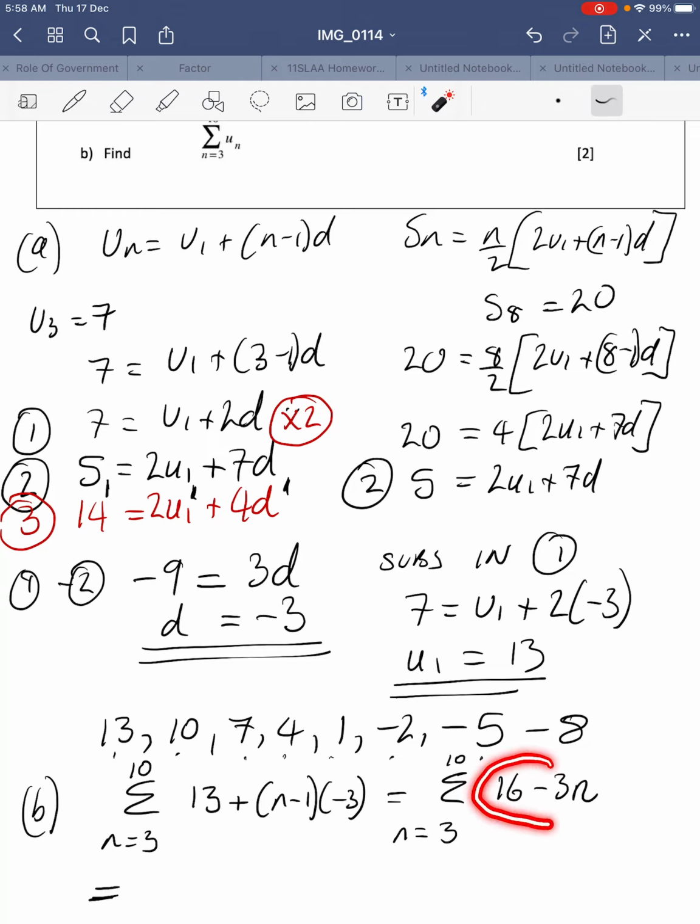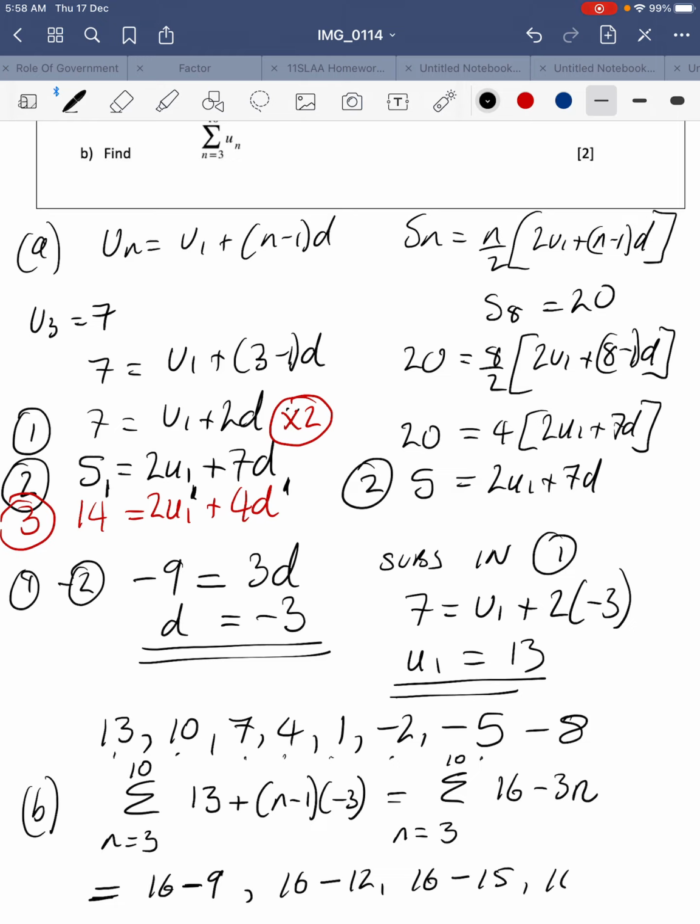Here is an nth term rule, and we substitute n from 3 up to 10, integer values. Okay, so substituting 3 in, that's 16 minus 3 times 3, that's 16 minus 9. Then we've got 16 minus, substitute 4 in, 12. Then we've got 16 minus 15, 16 minus 18, and so on.